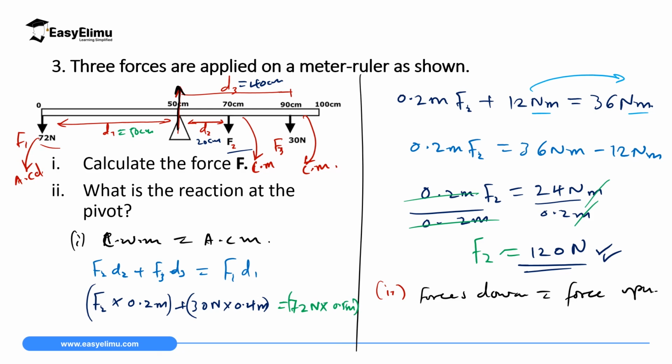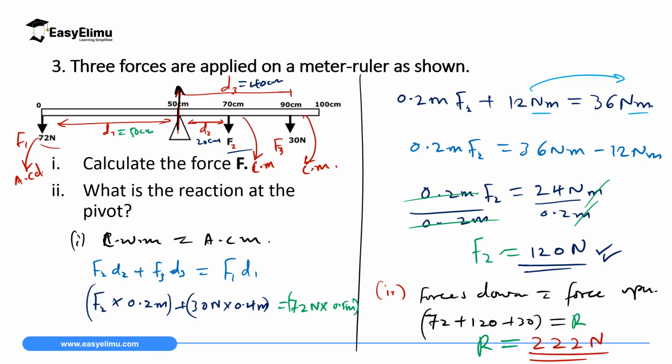The sum of forces downwards is 72 plus 120 plus 30. Those are the total forces downwards. They should be equal to the reaction upwards, because upwards we only have the reaction. So the reaction force will be 72 plus 120 plus 30, which gives us 222 Newton.